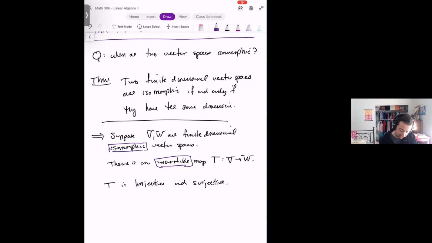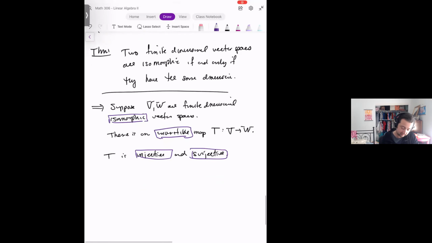Invertible meant injective and surjective. What does that mean? To be injective means that the null space of T is the 0 vector. And to be surjective means that the range of T is all of W.